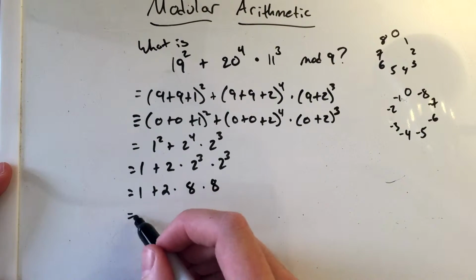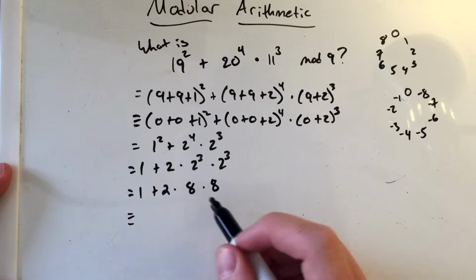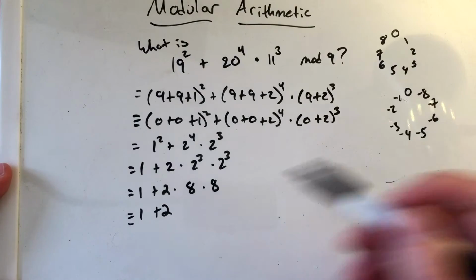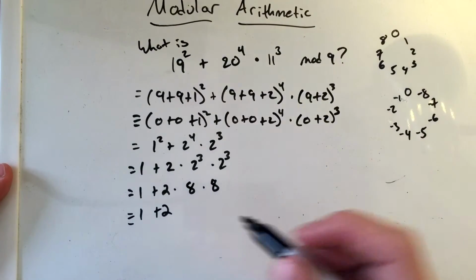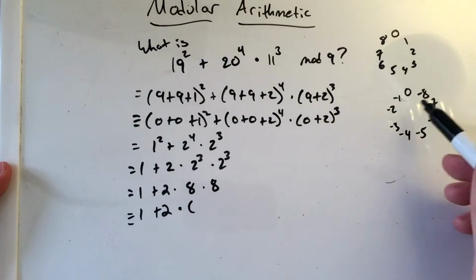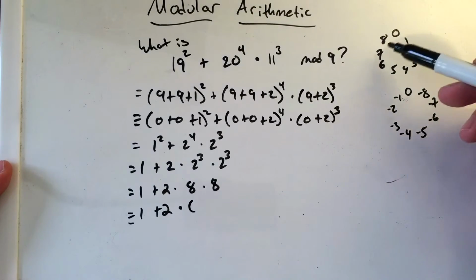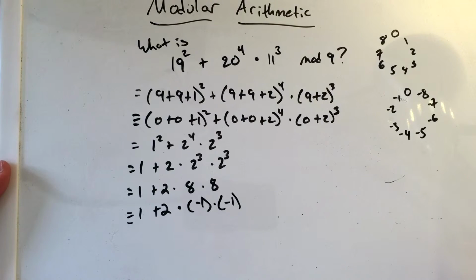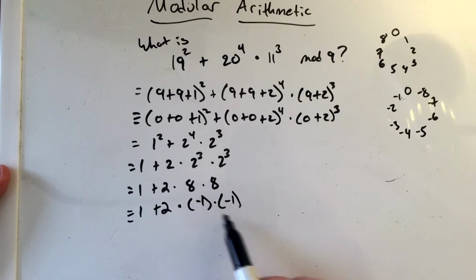So if I mod this directly from what it is, 1 and 2, I'm going to leave the same. They're equivalent to themselves in mod 9. But 8 is equivalent to -1 in mod 9. And so what we have here is actually -1 times -1, which comes out to be +1.